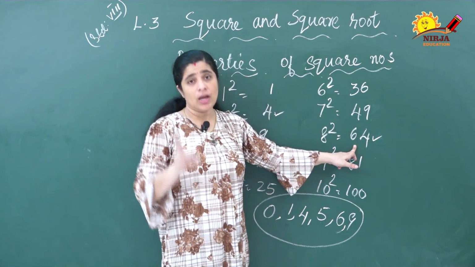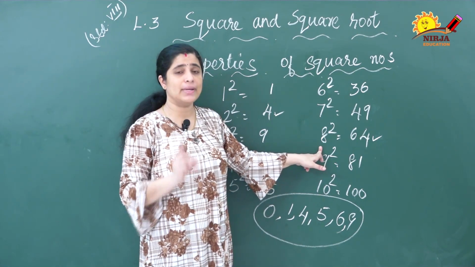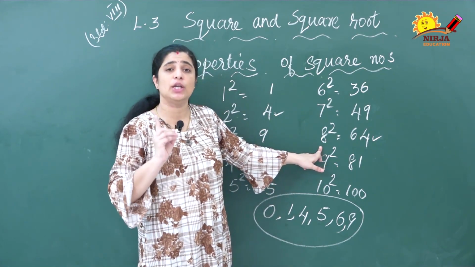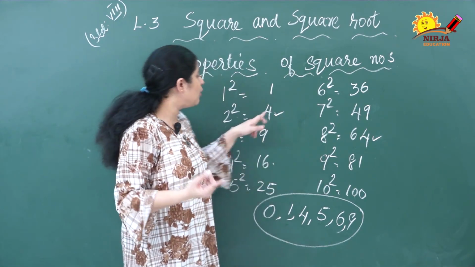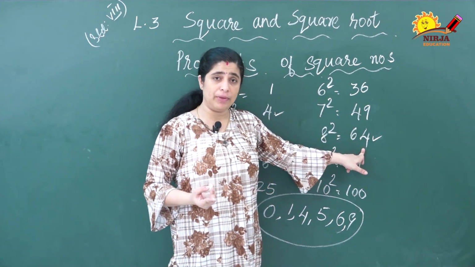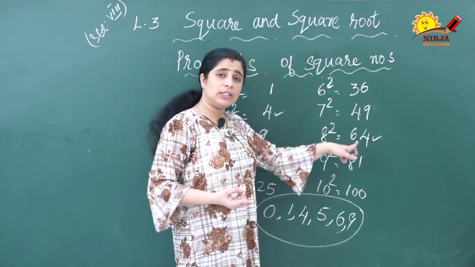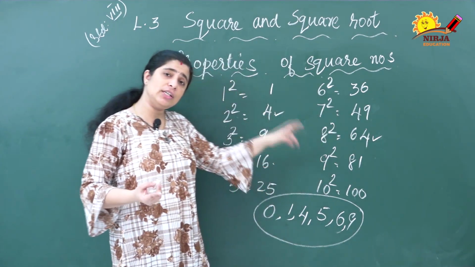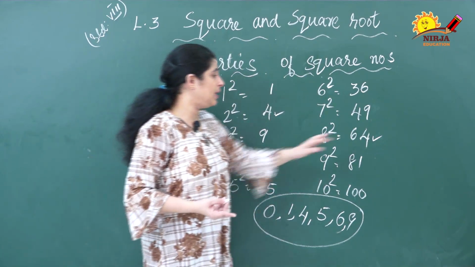I will repeat. If the number has 2 or 8 in its unit place, then the square of that number will have 4 in its unit place. From this you can conclude. If it is 18, when you multiply 18 by 18, 8 eights are 64, so in the unit place the number will be 4.